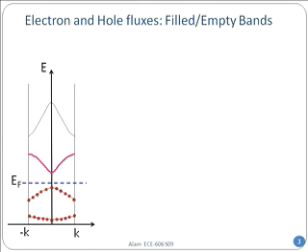Now let's think about when an electron sits in these bands, how would they behave? I have shown here something called EF, which is the Fermi level. At this point, you don't need to know what it means, but let's say it is some level above which there are no electrons, and below which all the electrons sit. So in this case, what would be the current for such a band?